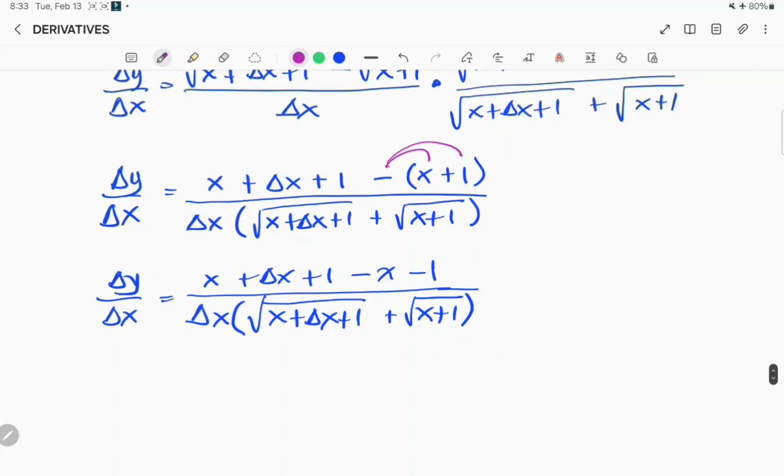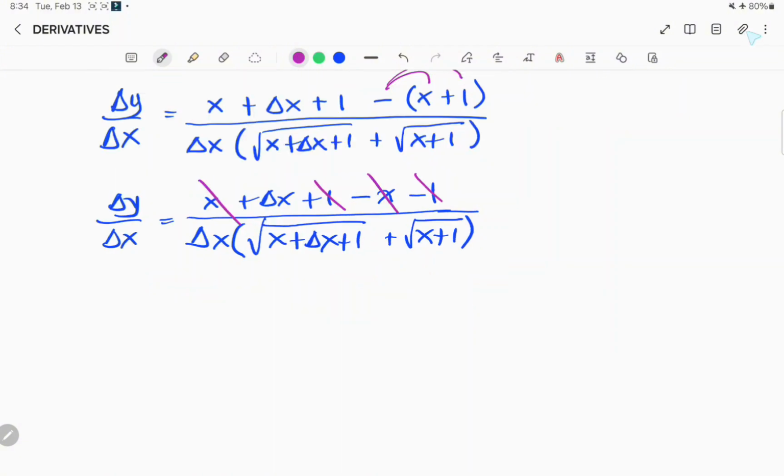We can see that our numerator can be simplified by x minus x and 1 minus 1. So the only term that is left in the numerator is change of x.